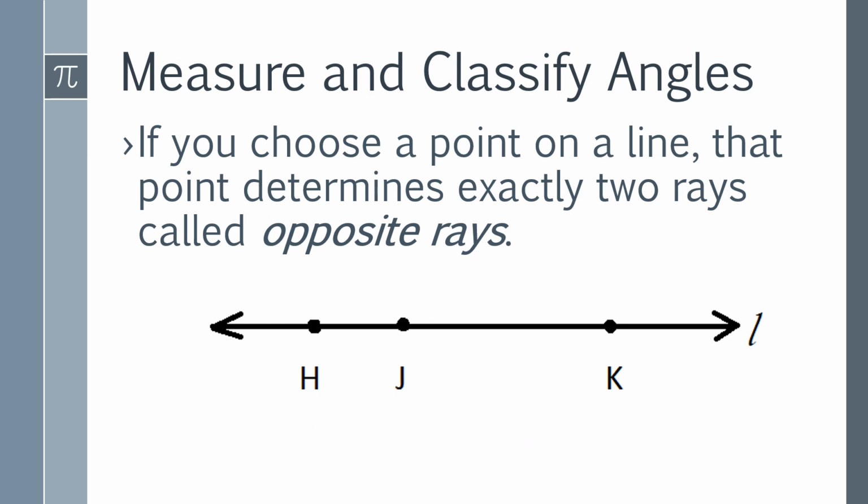And let's say we have a ray starting at K. So we have ray KJ or KH, right? And then we would have this ray here. These are not opposite rays.